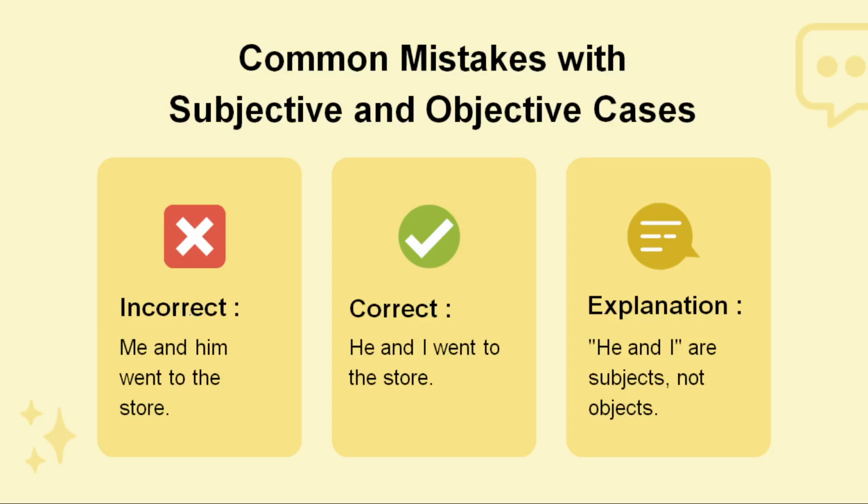Okay, and coming to the common mistakes with subject and object cases in English grammar, while speaking a sentence, the common mistake that people make is they say like this: me and him went to the store. See here, me and him.